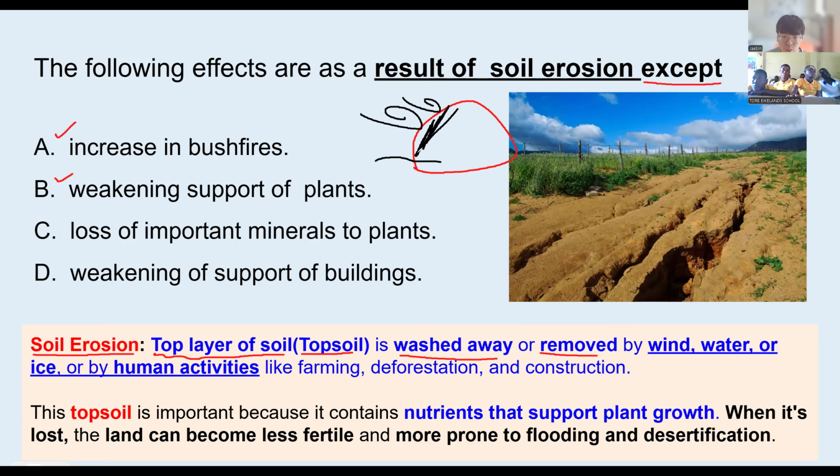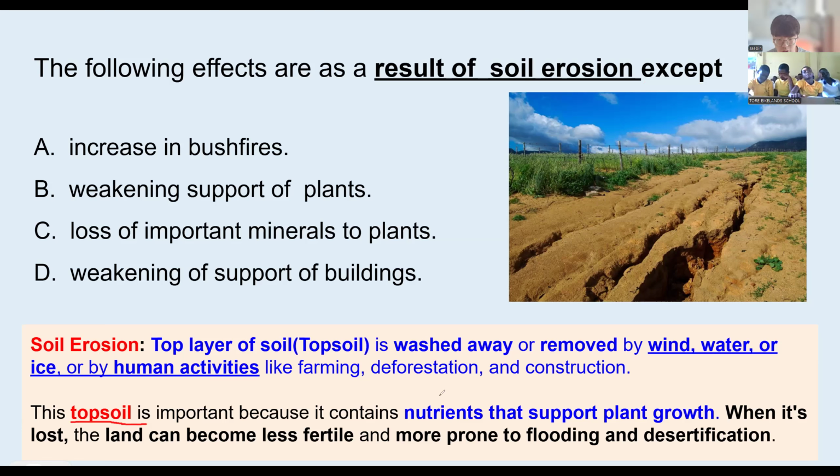It is being washed away or removed. The topsoil is important because it contains nutrients that support plant growth. So when the topsoil is lost, the land can become less fertile and more prone to flooding and desertification, meaning drying up.